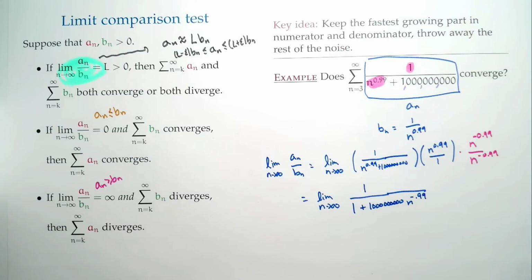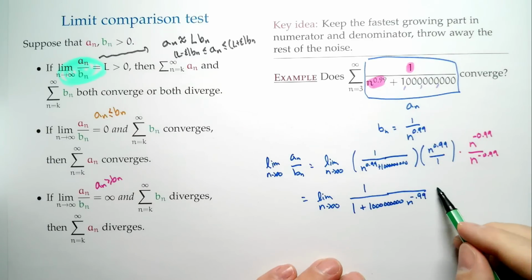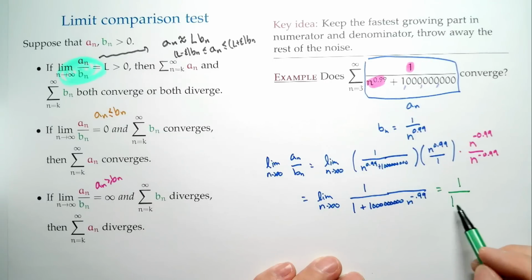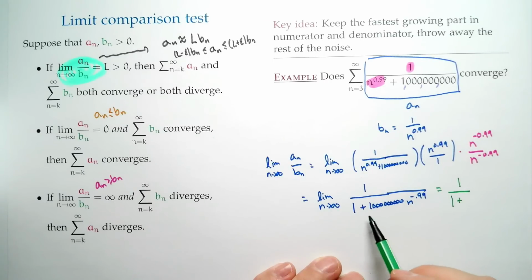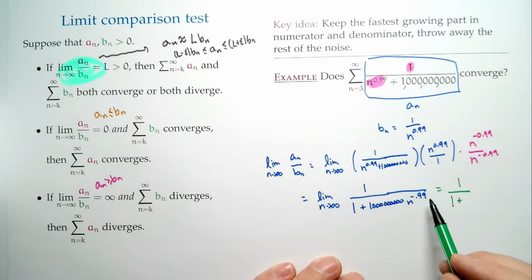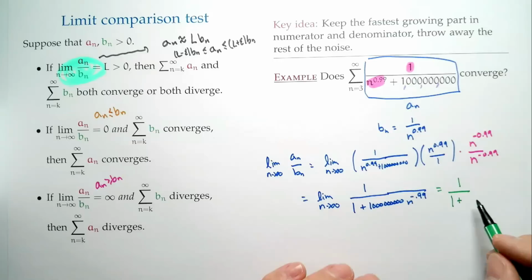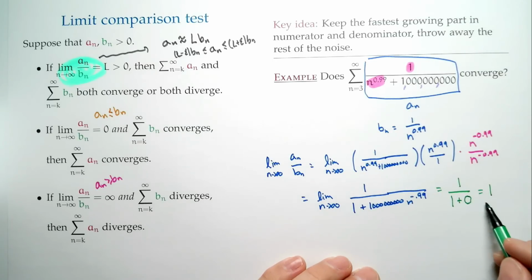N goes off to infinity, and as it does that, what happens to our terms? Well, the top goes to 1. The denominator goes to 1 plus a billion times 0. That negative in the exponent is going to drive it down to a small number. It's going to go down to 0, which is 1. Now, what's our conclusion?